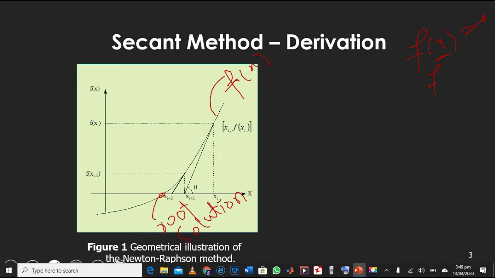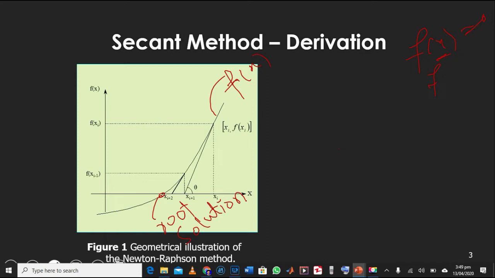But we have also discussed the drawbacks of these methods. The bisection method is very time consuming because its order of convergence is 1. On the other hand, the order of convergence of the Newton-Raphson method is 2, which is a very fast converging method.